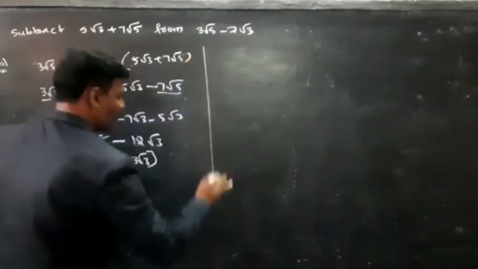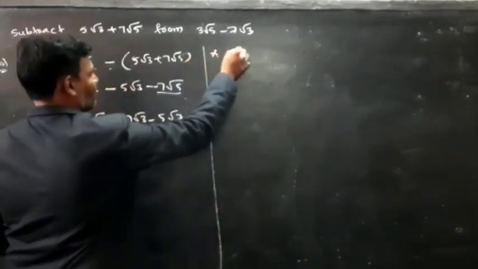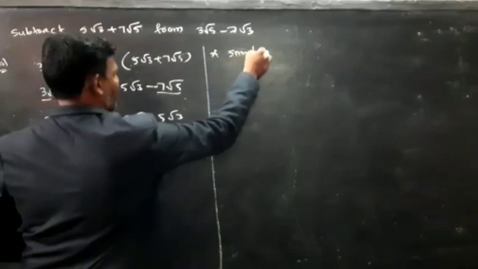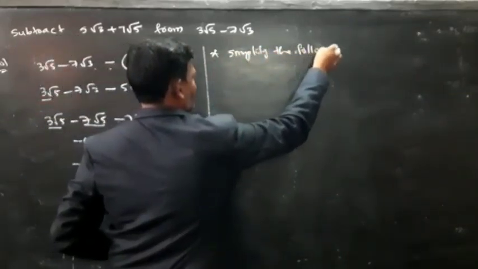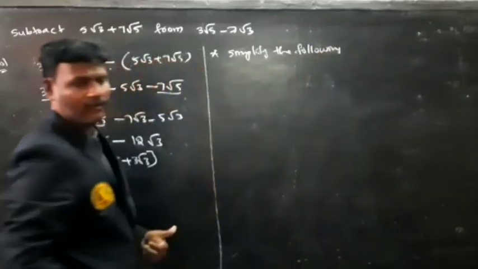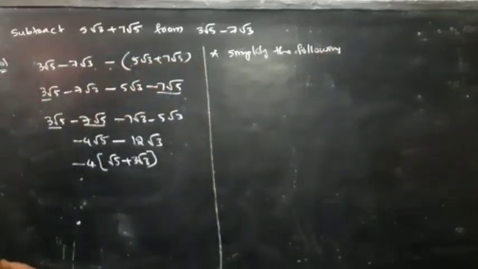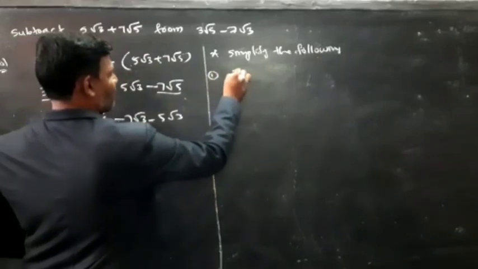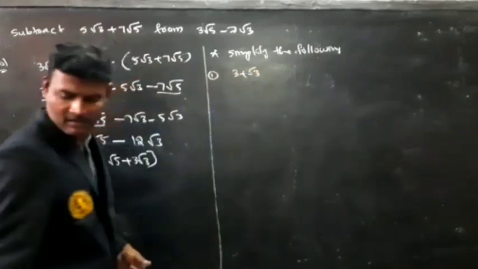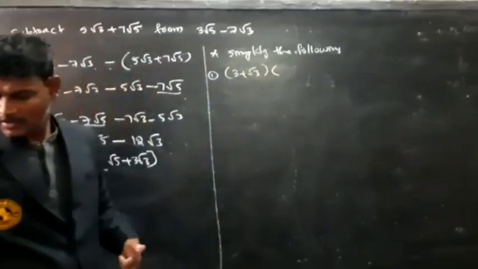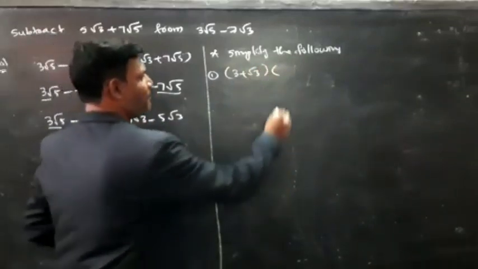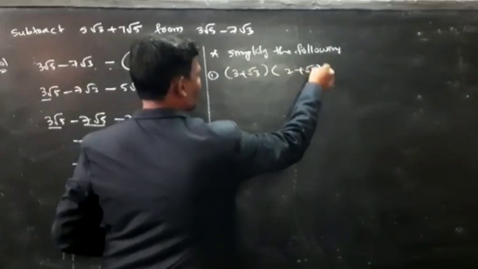Next. Simplify the following. First question, 3 plus root 3 bracket 2 plus root 3.